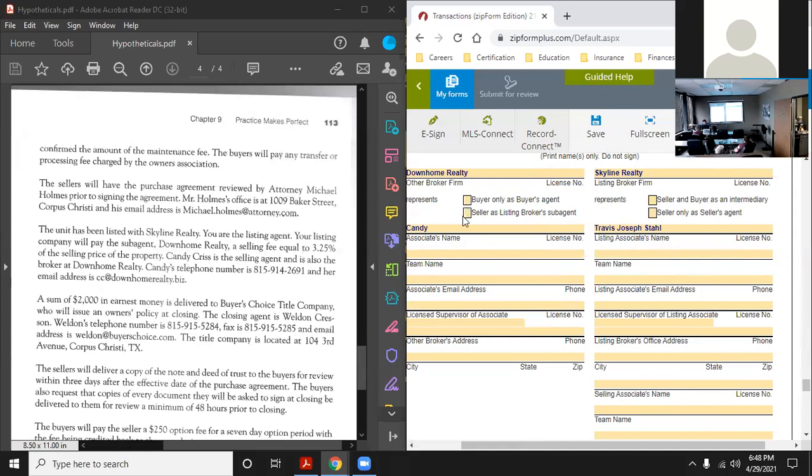And then you are paying them as a sub-agent, so they are technically not an agent of the buyer. Basically, this is a situation where you represent the seller, and you've paid a company to bring you a client, but they're still representing the seller. They're not representing the buyer.